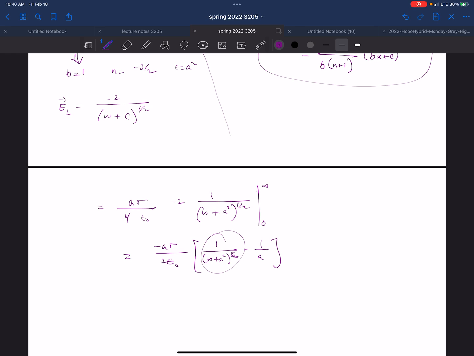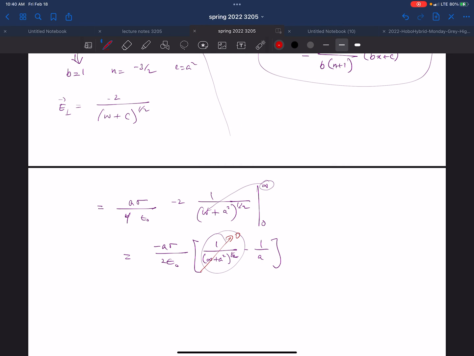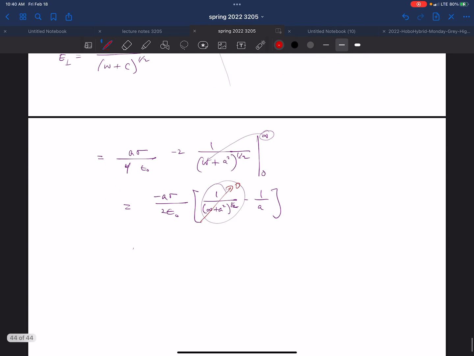The reason it's w is that I plugged in infinity for w. Infinity plus a squared is infinity. 1 over infinity is 0. So this guy's 0. So the upshot is we end up with sigma over 2 epsilon naught. That's our solution.